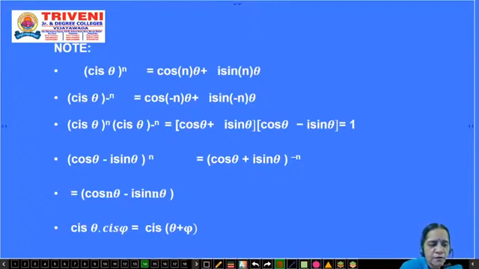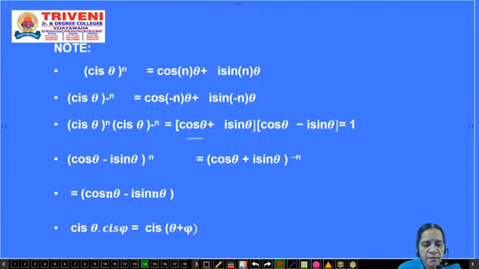Suppose we multiply these two values, (cis theta) whole power n into (cis theta) whole power minus n. Here it is (cos theta plus i sin theta) into (cos theta minus i sin theta), which is equal to 1.